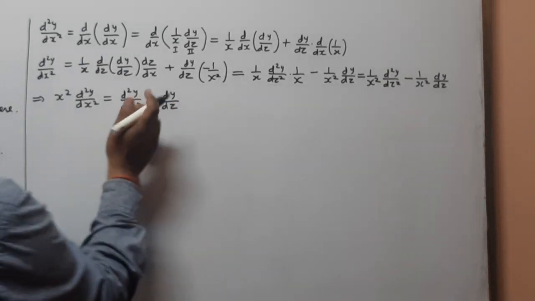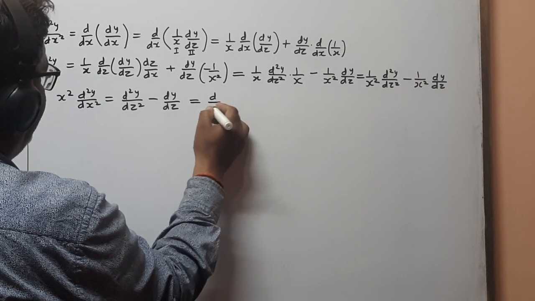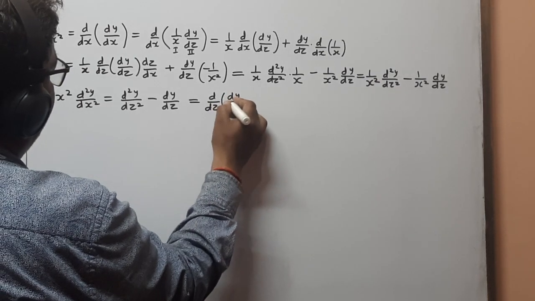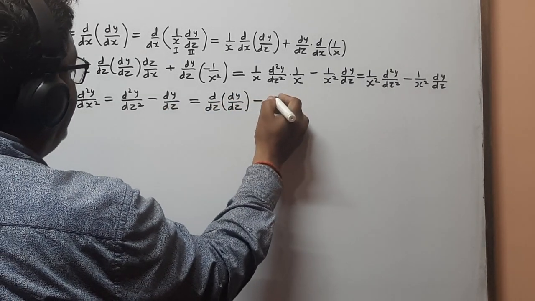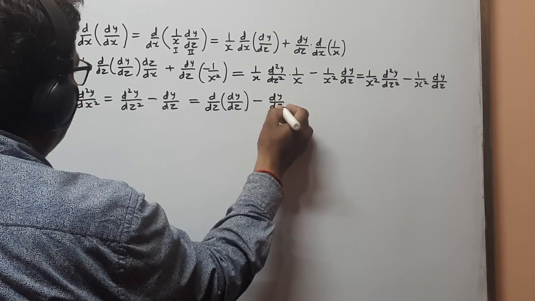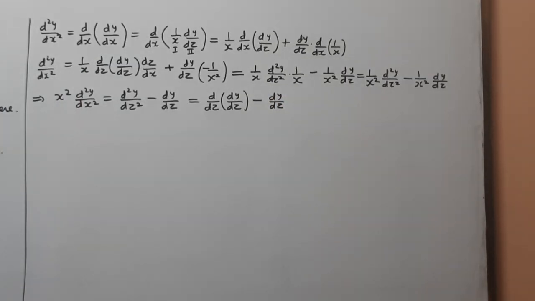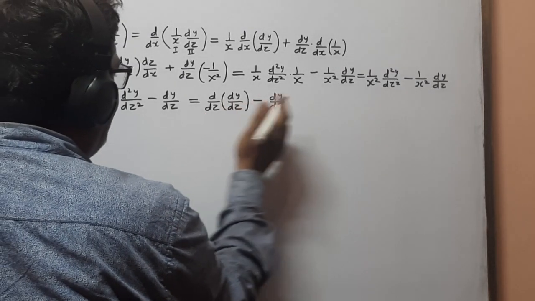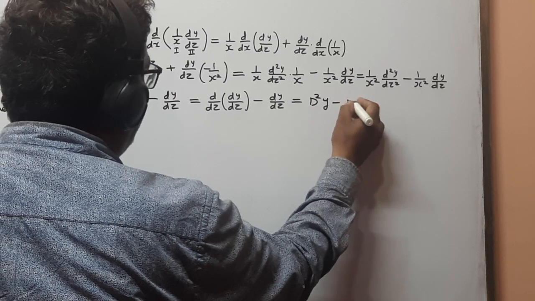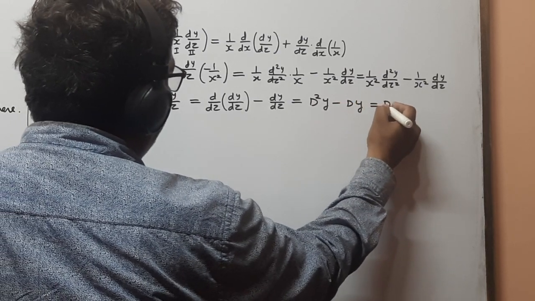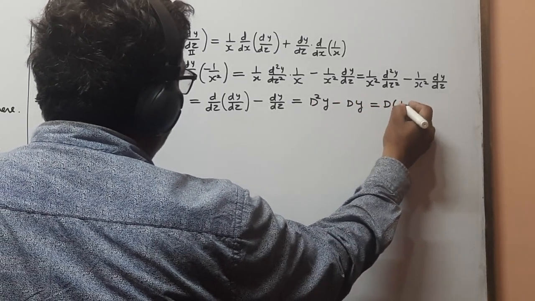Then this d2y by dz2 can be written as d by dz of dy by dz, minus here dy by dz. Now you know that d by dz is equal to capital D. So this can be written as D2y minus Dy. That means we are taking common Dy here.